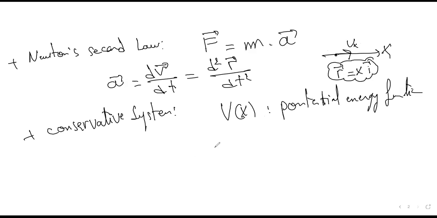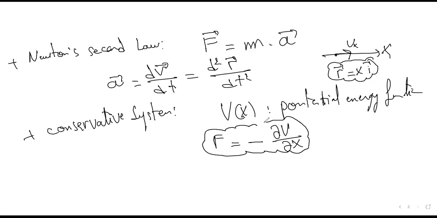So we can express the force as F, which is equal to minus the derivative of the potential V with respect to the coordinate x. So this is for the specific case of a conservative system.